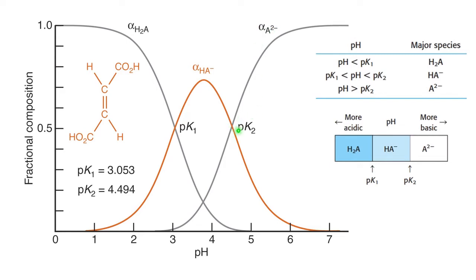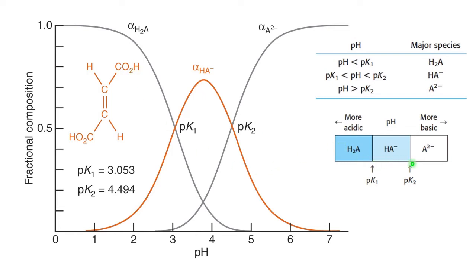The maximum of HA minus will be between these two, at pK1 plus pK2 divided by 2. So, at pH below pK1, I have two protons.